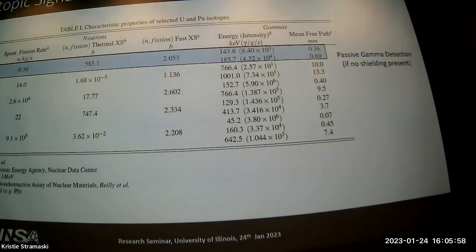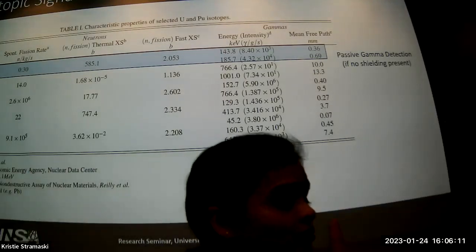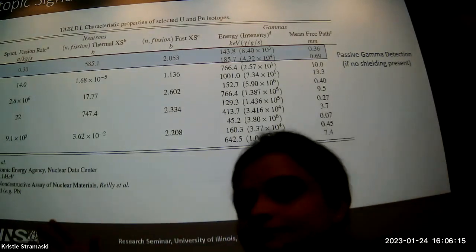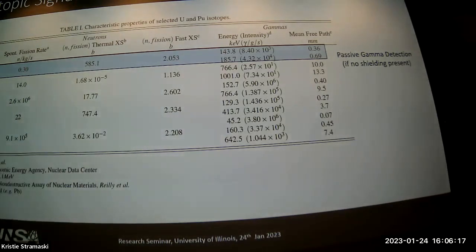Passive measurements means you look at the radiation that is being emitted by the radioactive material. It can be neutrons, it can be gammas. You try to count the neutrons, and with that counting, you estimate the mass of the material present, or you look at the gamma rays and try to correlate the energy of the gamma rays to see what isotope is emitting those gamma rays.